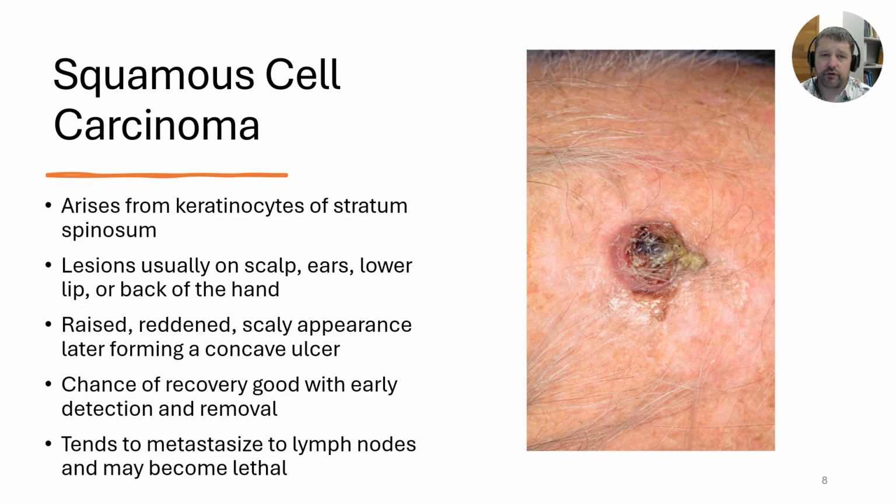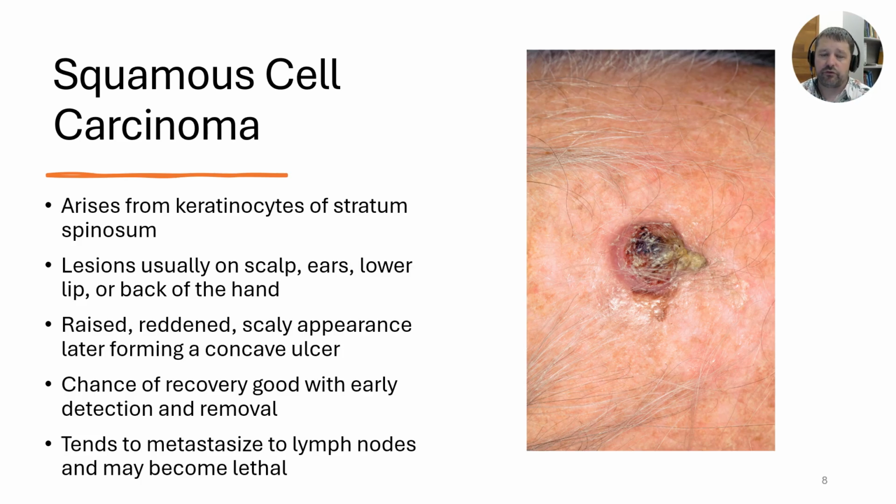Squamous cell sarcoma arises from the spinosum area. So after the cells have already matured and they're starting to produce heavy amounts of keratin, and they're starting to die back in that spinosum.